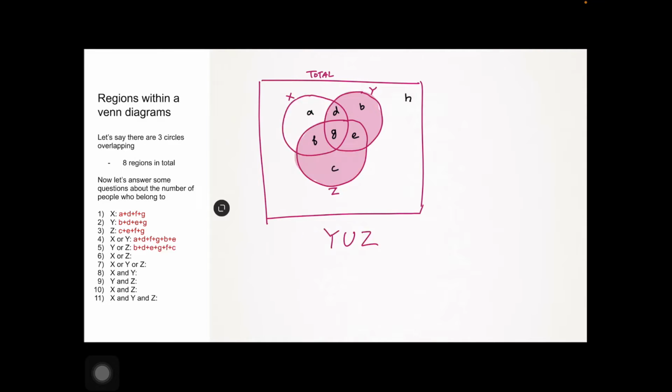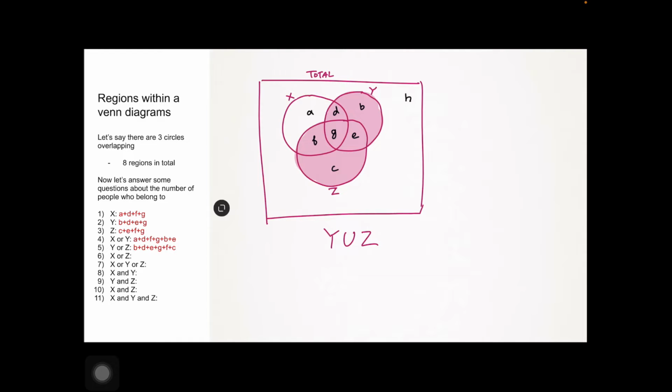Similarly, what about Y union Z? People can belong to either Y circle, or people belonging to Z circle. If any one of these conditions is satisfied, it is more than sufficient. If both conditions get satisfied, it is even better. For example, B and D, the first condition is satisfied, they belong to Y circle.